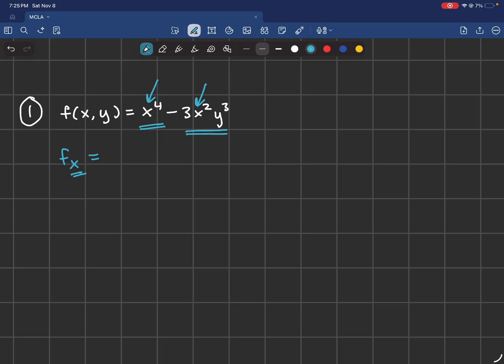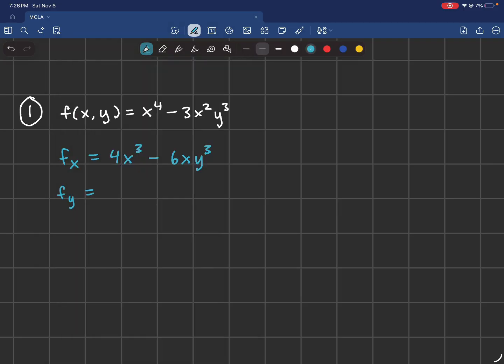Because of that, I'm going to differentiate with respect to x, and I'm just going to hold y as a constant. So the first term is going to be 4x to the power of 3. And in the second term, if I'm just considering y to the power of 3 as just like any number, like 1, this would result in 6xy to the power of 3.